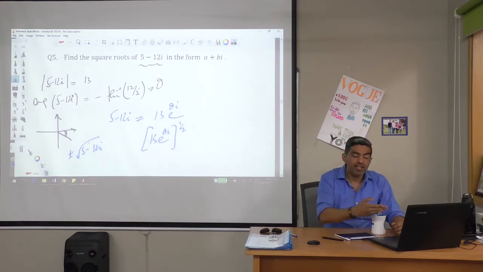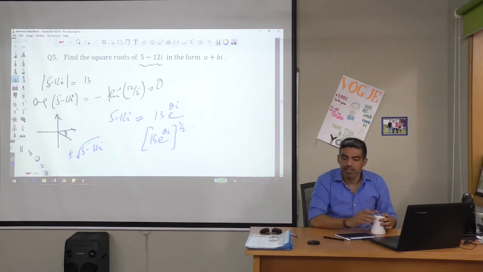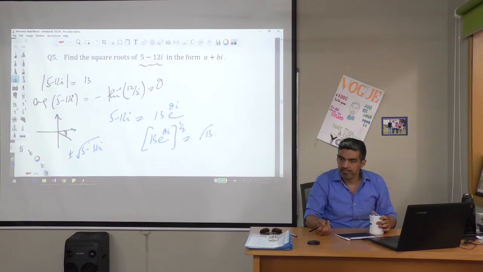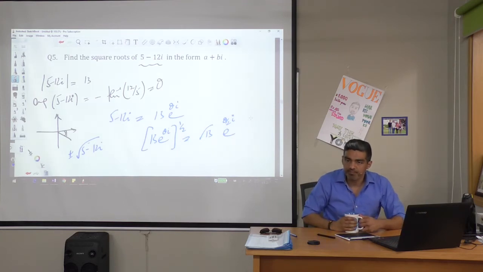Now see, raising this to a power is not a difficult task anymore, you just have to apply the power. So this comes down to root 13, apply the power half on the 13, and then multiply the power with the power. Powers get multiplied. So this becomes e to the power theta by 2. Is everyone okay with that?